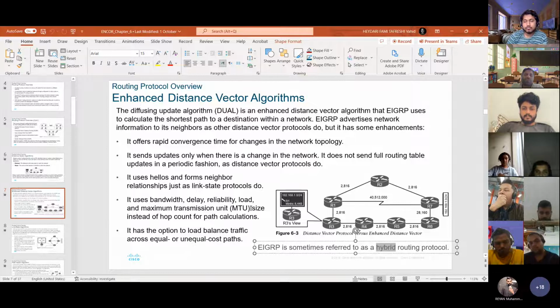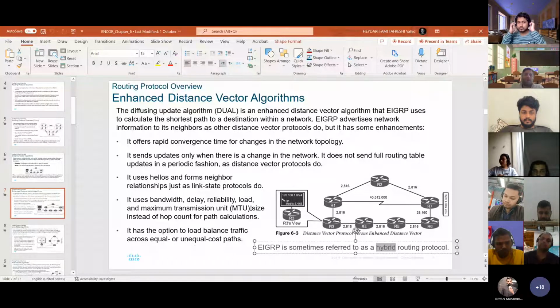And therefore, we are not going to send periodic updates. Remember with RIP, for instance, we used to send periodic updates. That's not the case with EIGRP. And that's why it's enhanced, because if you think about it, it's more efficient if you only send updates when there is a change in your network. Because if there is no change, there is no need for you to periodically send those updates.